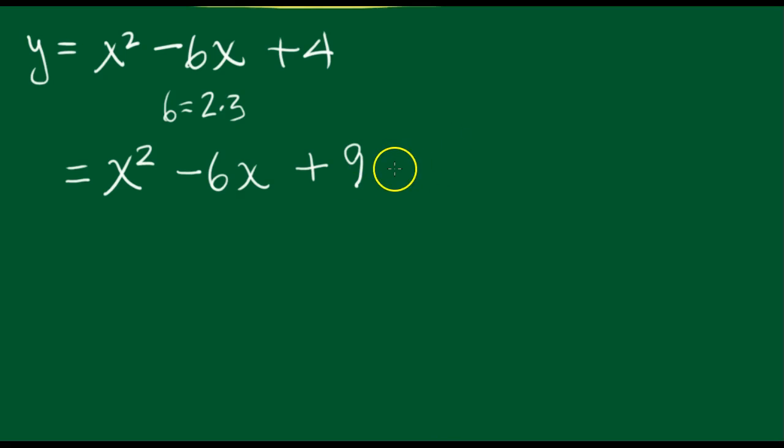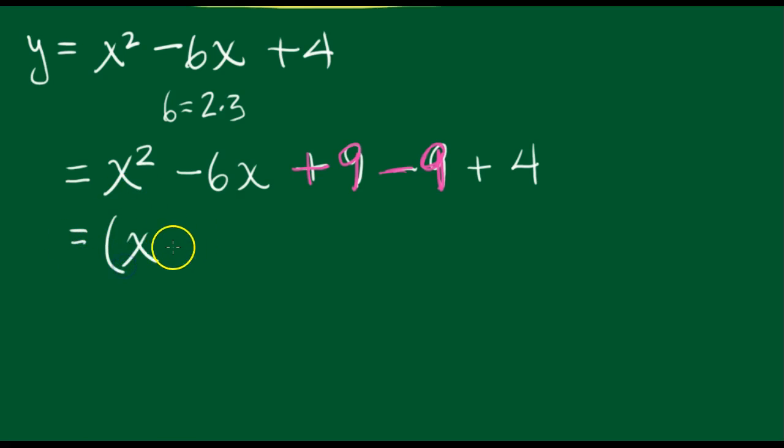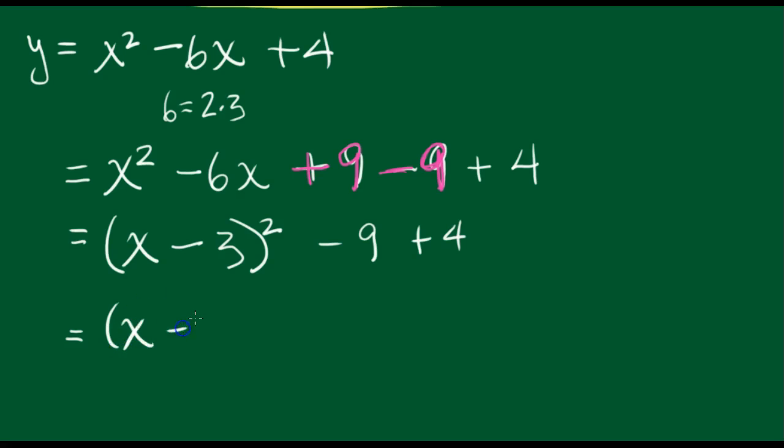Well, I can add 9 provided that I also subtract 9 so that in the end I am adding 0. Okay, so let's use some hot pink here to decorate my 0. It is 0 after all, isn't it? Okay, so I have x minus 3 squared minus 9 plus 4, or x minus 3 squared minus 5.